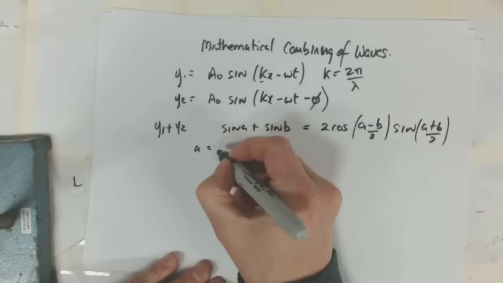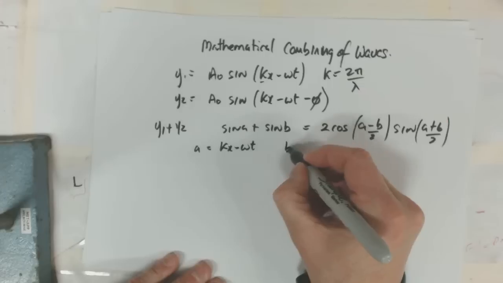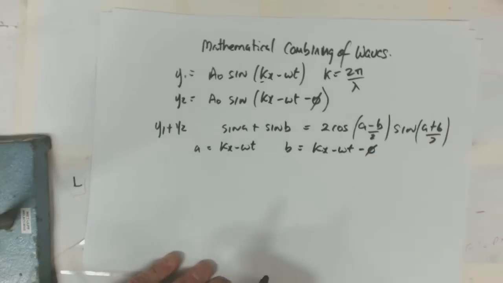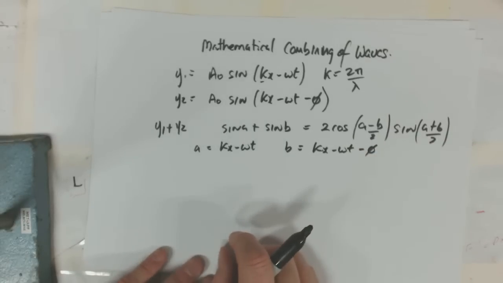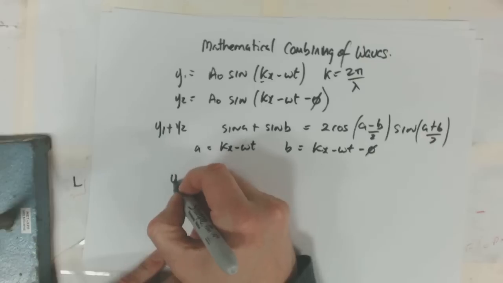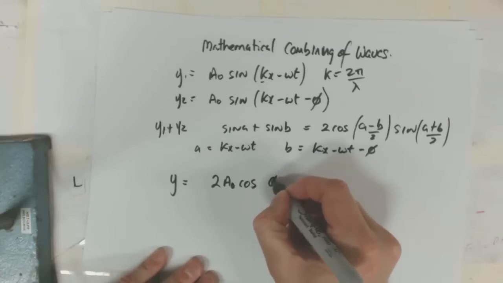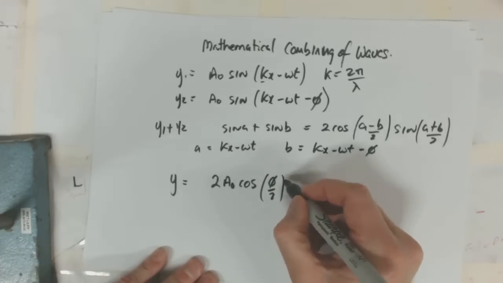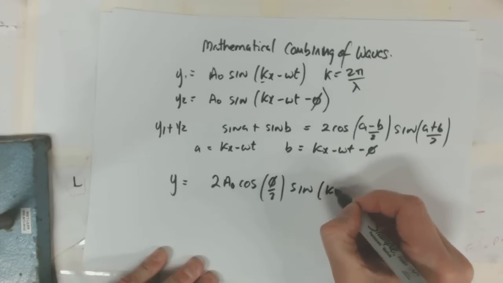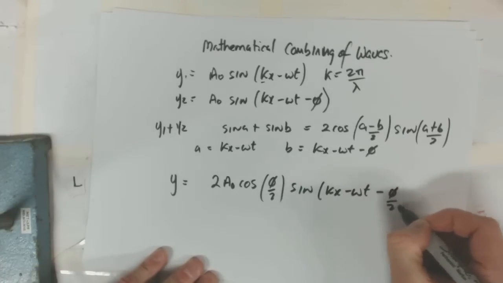And if we make a little substitution there, A equals kx minus omega t, and we make another substitution, B equals kx minus omega t minus the phase difference, then we can solve that pretty reasonably. We can just substitute them in, and then we end up with this equation, which is what we're looking for: 2a naught cos of (phase difference over 2) times the sine of (kx minus omega t minus phase difference over 2).